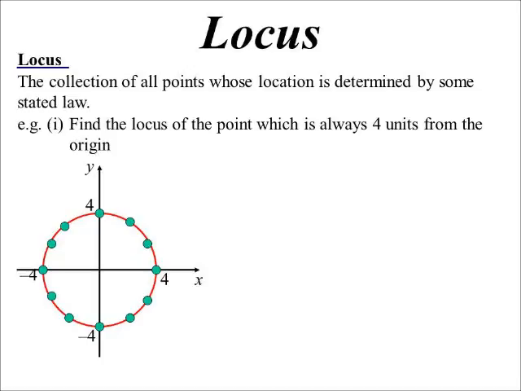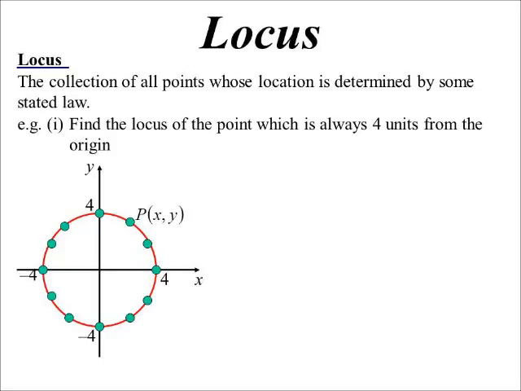Okay. But just say I didn't have that amount of time on my hands. I'd just plot one random point and I'll give it the coordinates x, y. And I'll use my coordinate geometry. What do I know about x, y? It's always 4 units away from the origin.